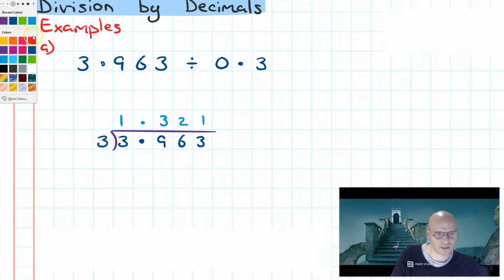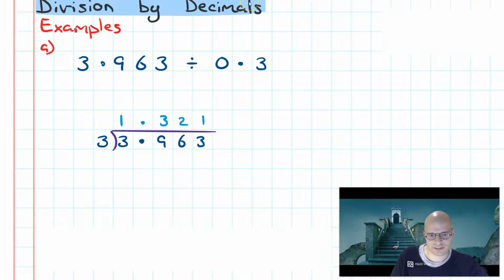Alright, almost done. Now the next step we have to do is remind ourselves that we're actually dividing by a decimal, the decimal being 0.3. What I'm now going to do is count how many spaces past the decimal point we are. So it's 1 decimal place. After that, I'm going to look for my decimal point over here, and I'm going to shift it to the right by 1.